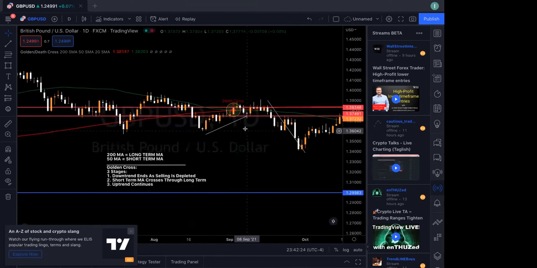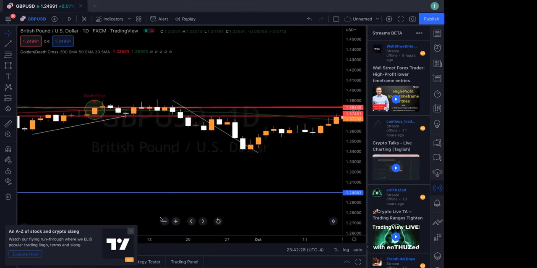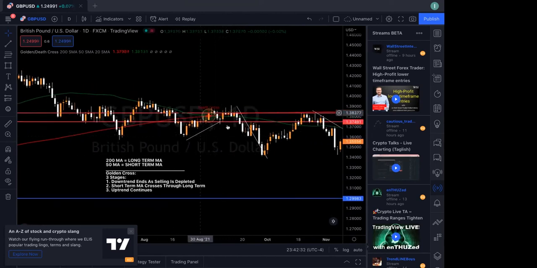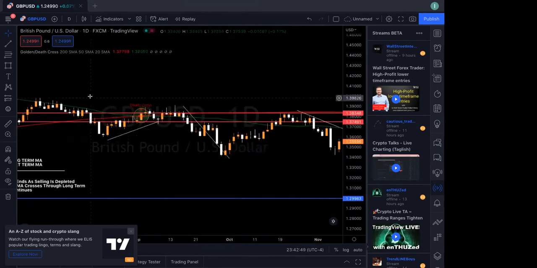And honestly, the main thing to do with this is to notice your candlestick patterns. With golden and death cross, you'll start to realize that typically it's the second and third candle after the actual cross happens that you'll see your movement, usually a reversal candle.